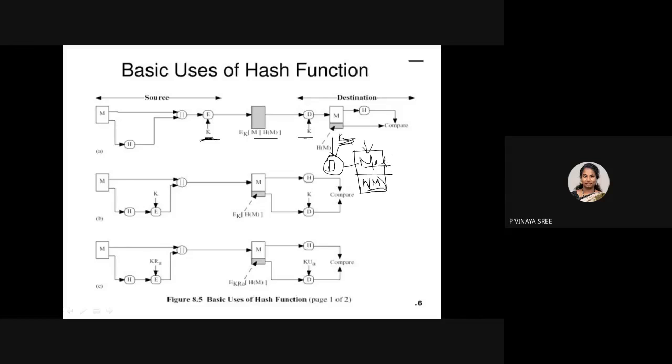And then the receiver will calculate the same process that the sender has done: send this message to the hash function, so that the receiver gets a hash value. This hash value and the value which is sent by the sender, both will be compared. If it is the same, what will the receiver do?